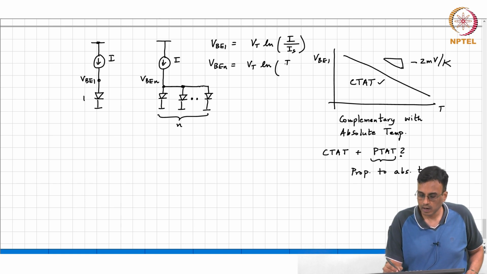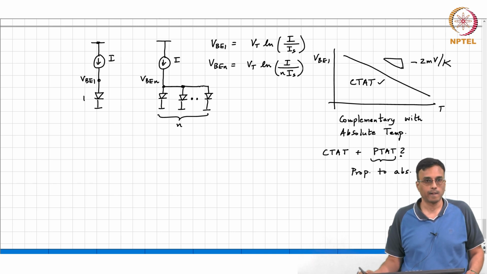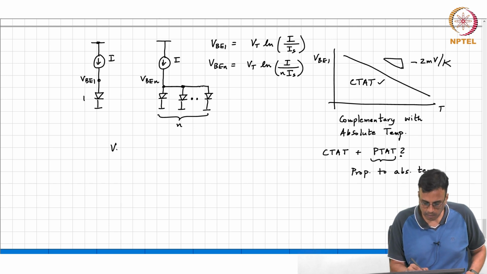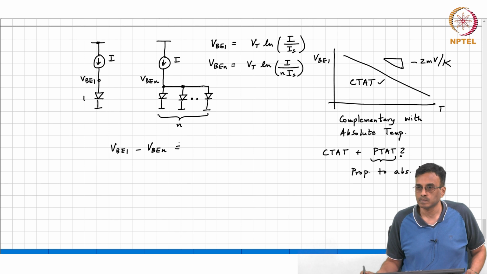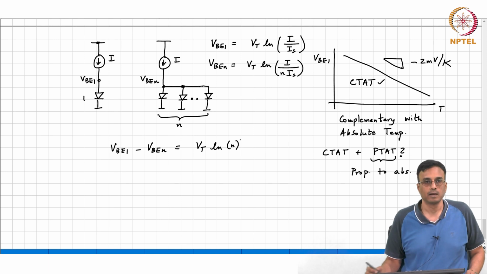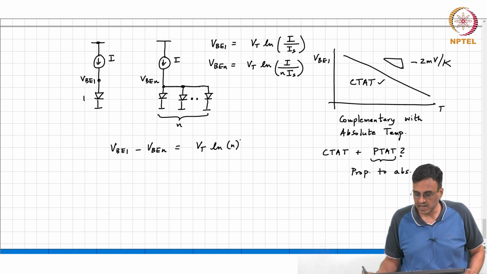VT ln of I over n times Is. Correct? All right. So, what is VBE1 minus VBEN? VT ln n. Okay. Does n change with temperature?